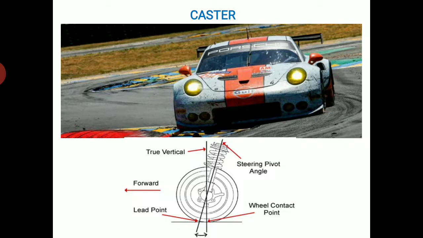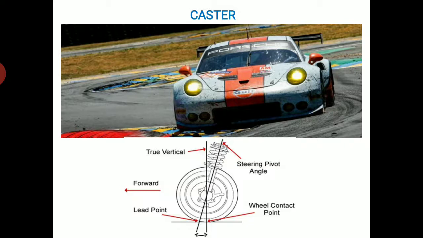What is caster? The next geometry we are going to learn is caster. When the vehicle is moving forward or backward or turning, there is a true center axis of the tire, and the steering pivot angle, otherwise called kingpin inclination.